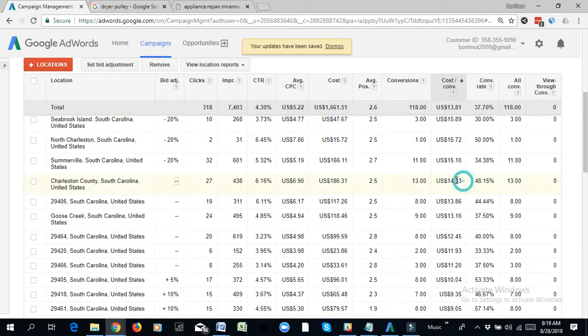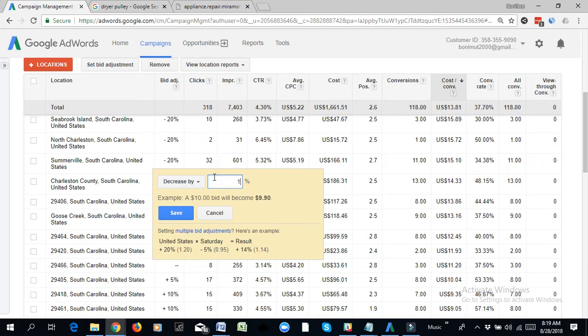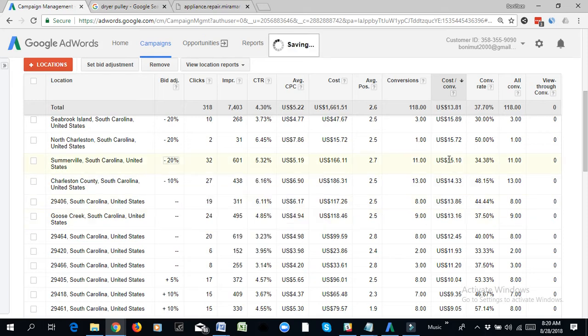14. At 14 we are not at a loss really. But here I could apply a negative bid adjustment of 10. Even at 15 we're not at a loss, but it depends on the campaign and what we are doing with the client.